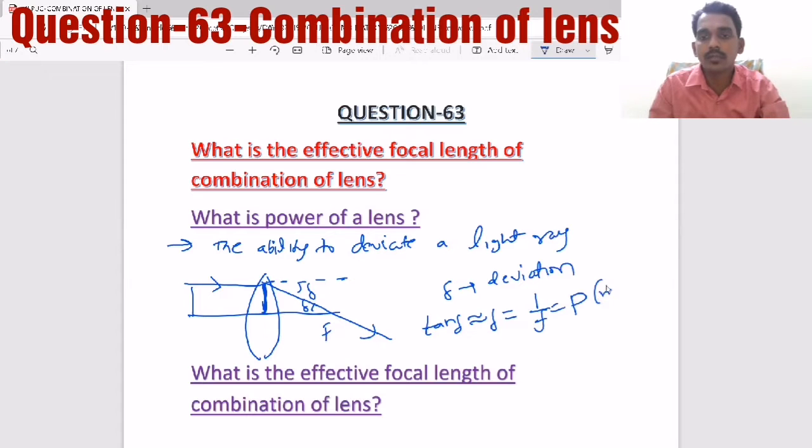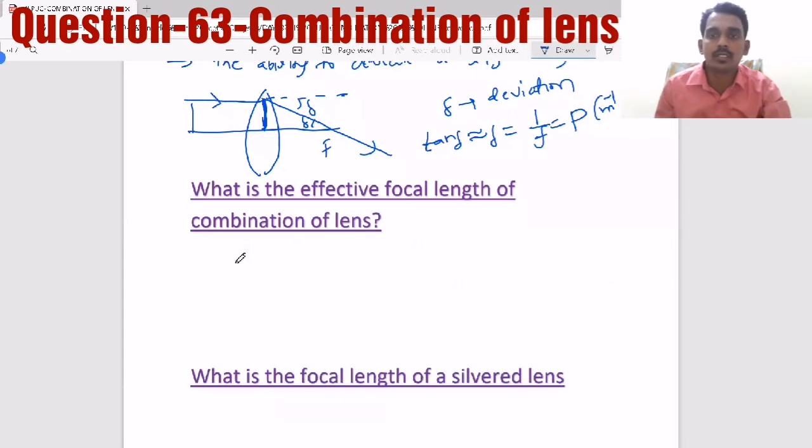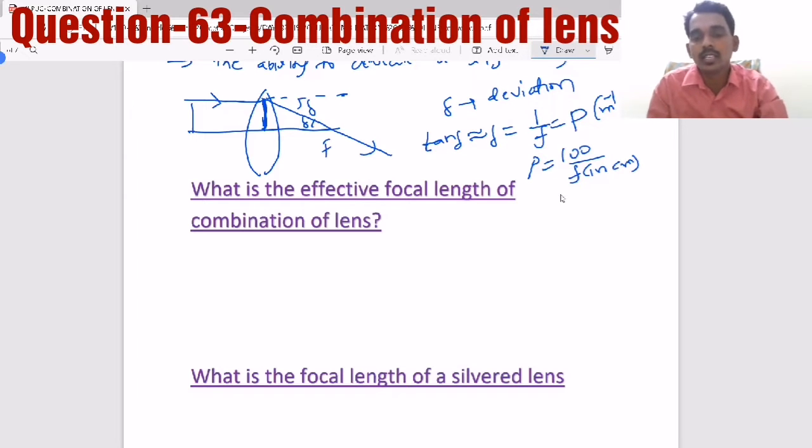And power we always measure in terms of per meter, also called diopter. If you want to take f in terms of centimeter, then the formula will become 100 by f, with f in centimeter. Then centimeter gets cancelled, so that you will get diopter.